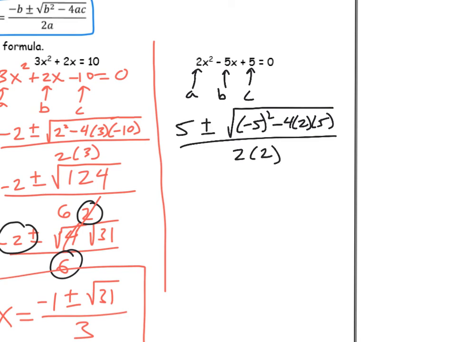Again, this is a good place to pause. Make sure everything is shipshape. B squared. I'm literally checking mine as we speak here. I think I'm good, right?